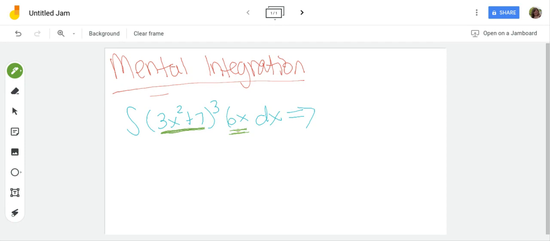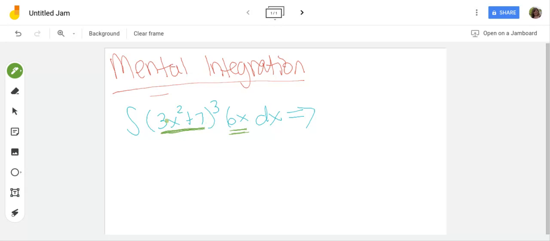So if you see your chain rule already in the problem, then you know the answer is just up one degree, but it also needs to be divided by that power.